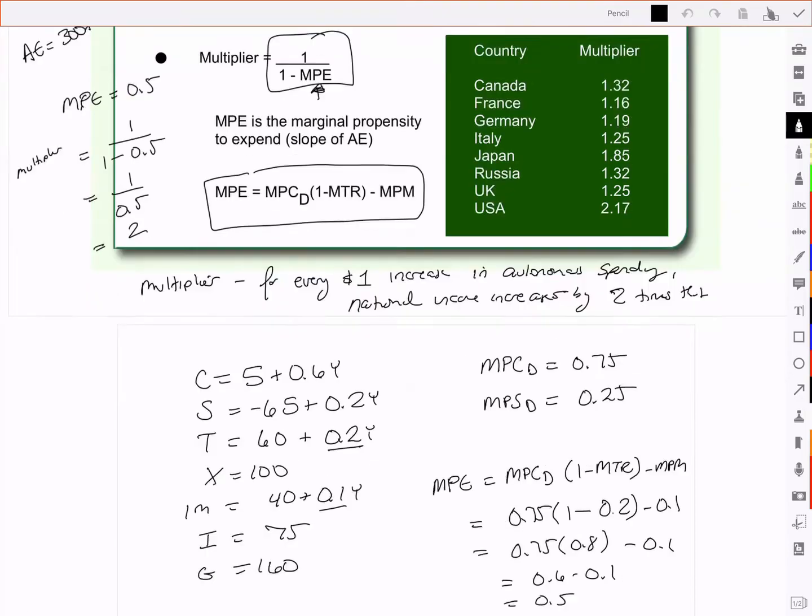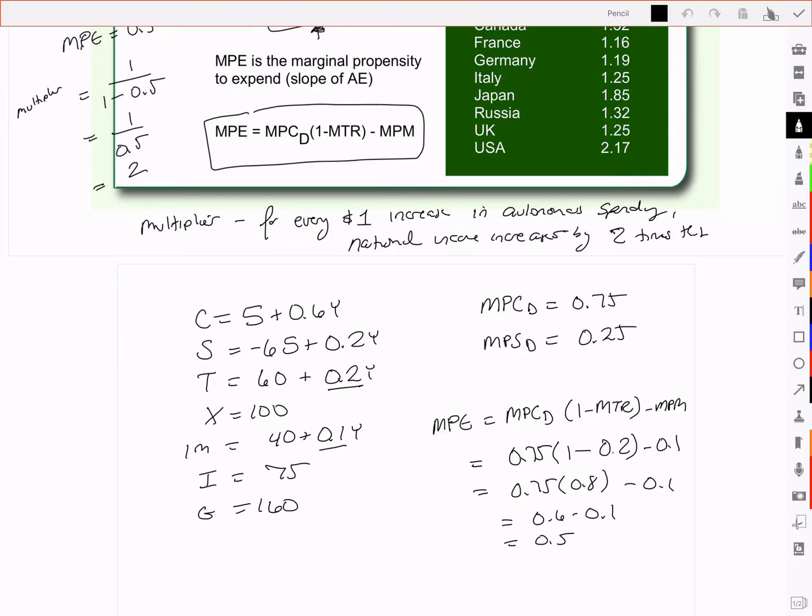Let's go back to this idea of MPE and how you calculate it. What if the MPE was a bigger number? We found that if MPE is 0.5, the multiplier is 2. What if MPE is 0.75?